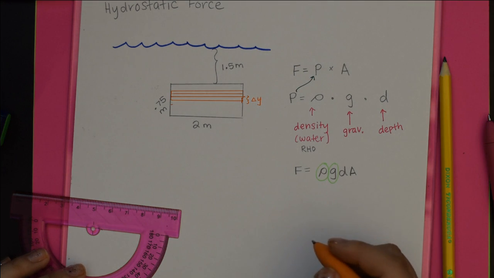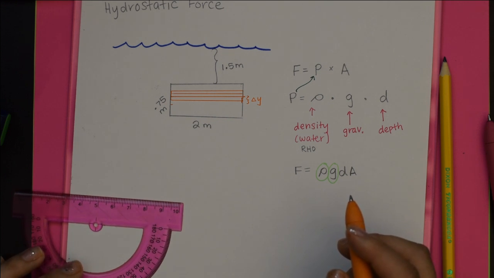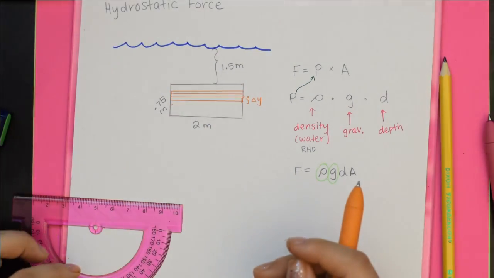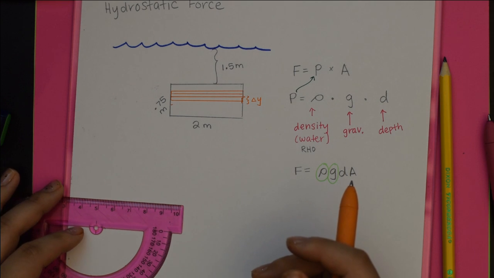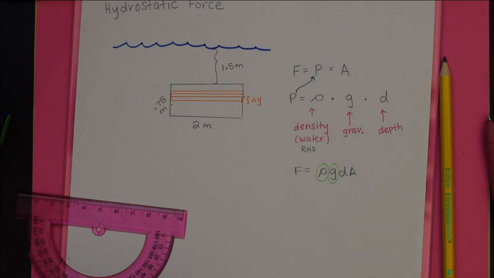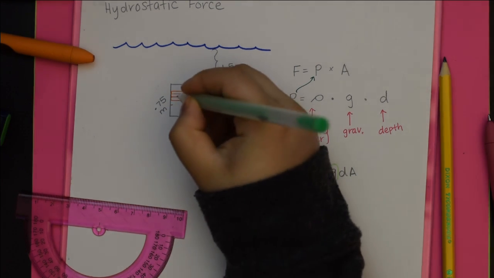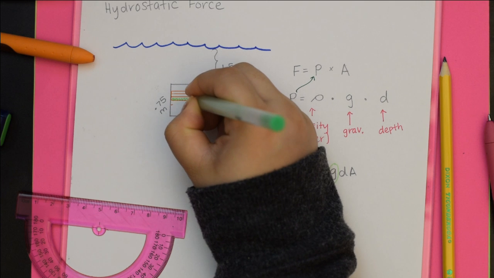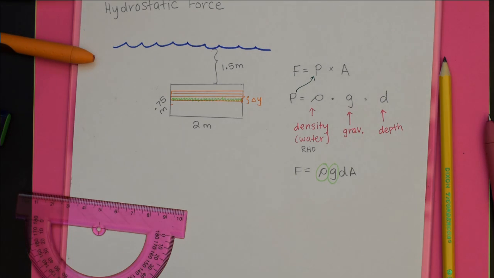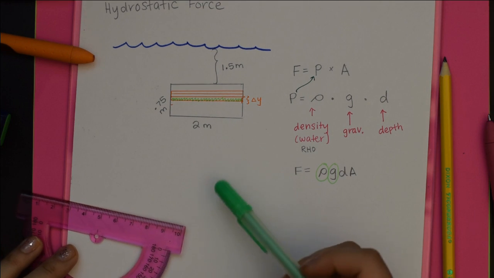But then, as we take the limit as n, which is the number of rectangles, approaches infinity, we're going to have a whole bunch of teeny tiny rectangles, and that will turn into an integral. That's what the integral is, an infinite sum. So what we're going to do is find one arbitrary rectangle, find the force on that, and then we're going to add together by integrating.